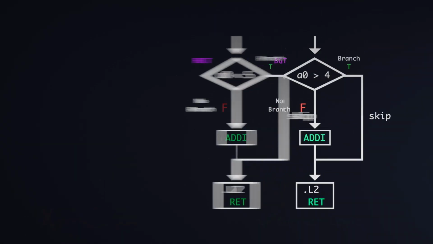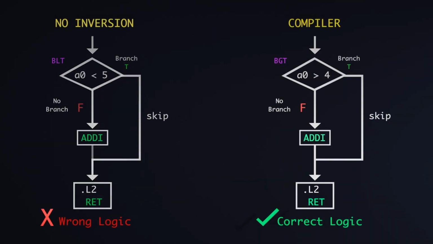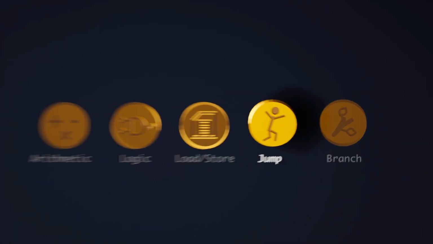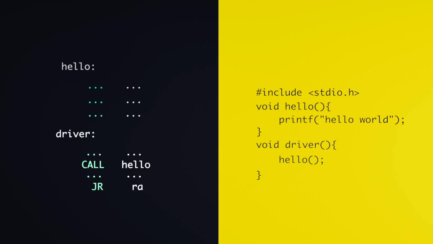Hence, the decompiler inverted the original conditional interpretation, so that we skip the add-I instruction when x is more than 4. Beyond branching, we also have jump instructions. Jumps are unconditional skips, allowing us to perform tasks like calling a function or jumping to the return address.